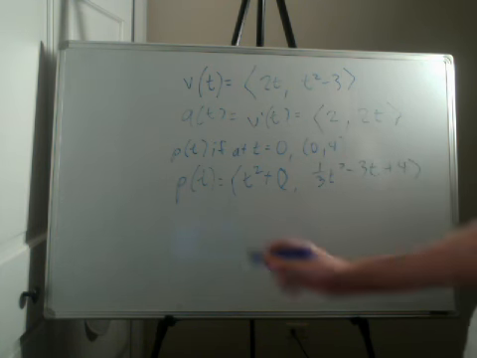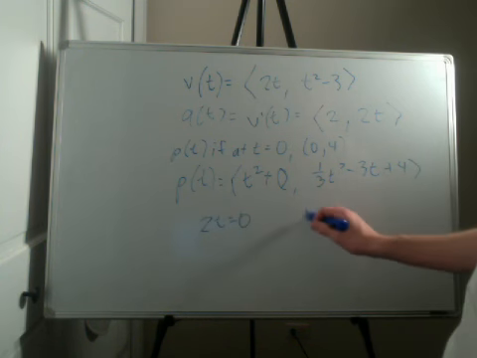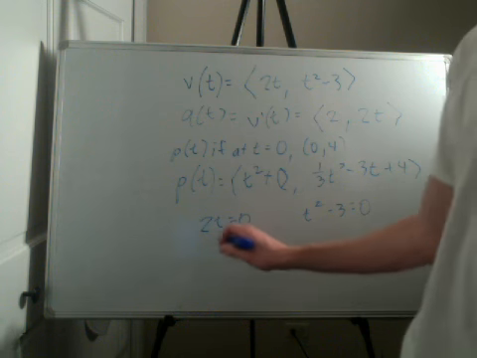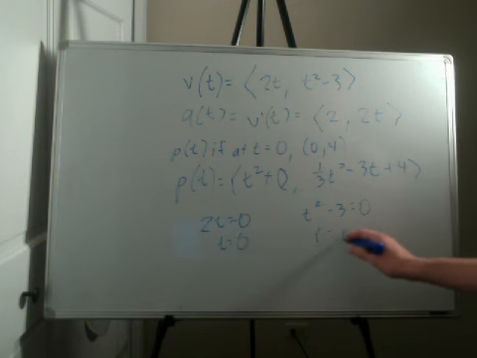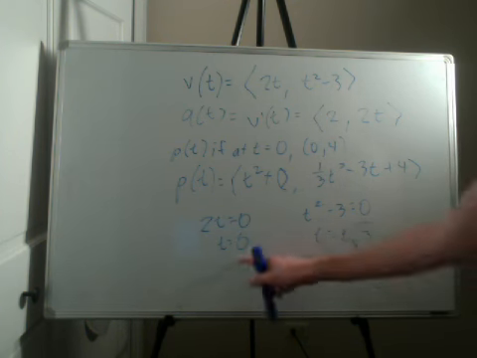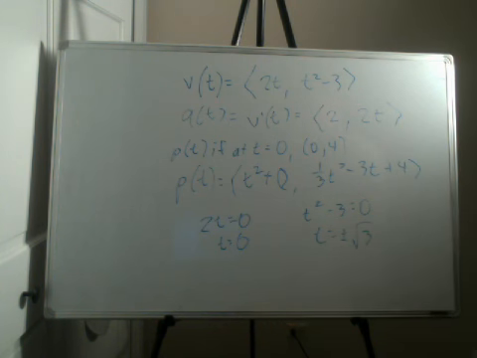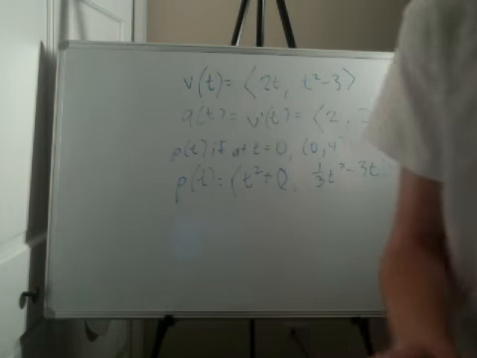So you have to say 2t equals 0 and solve for that, and then t squared minus 3 equals 0. In this case t equals 0, and this one t equals plus or minus square root of 3. Obviously, these don't share anything in common. There's no common time when they're both going to be 0. Therefore, this object is actually never going to be at rest, at least for positive times, because time can be negative. I guess I didn't even have to say that.